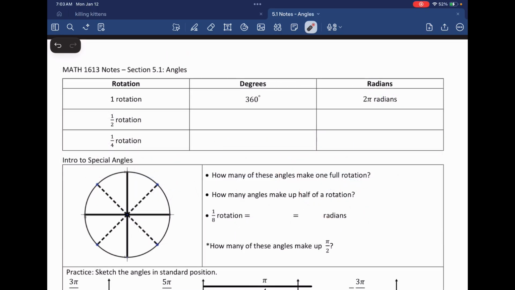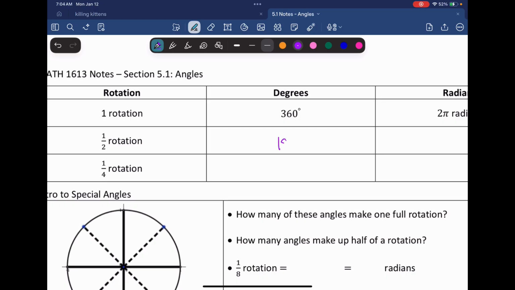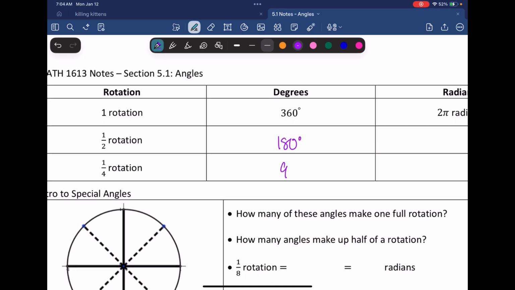Some key angles that we're going to talk about, these are special angles. We know that 1 full rotation is 360 degrees. Half a rotation is 180 degrees. What is 1/4 of a rotation? That would be half of 180, which is 90 degrees.